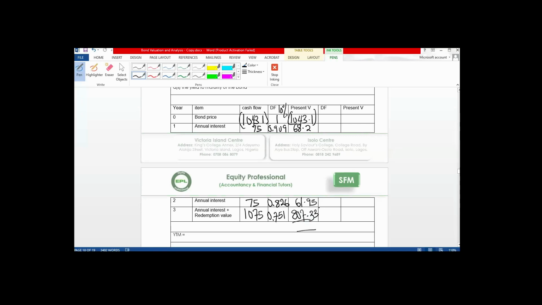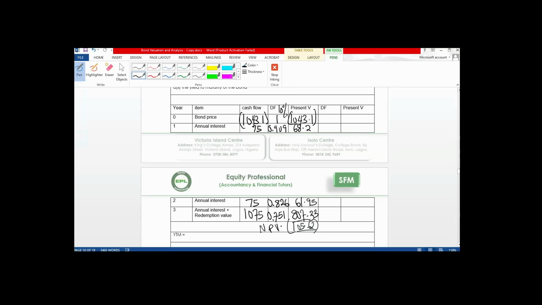Positive or negative? Negative 105.62. Correct. 105.62 negative. At 10%, the NPV is negative.